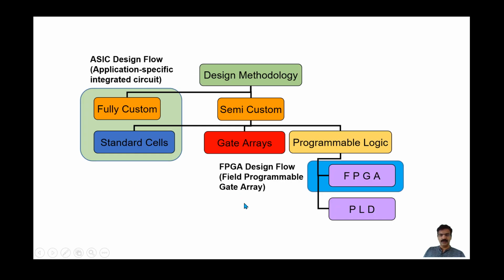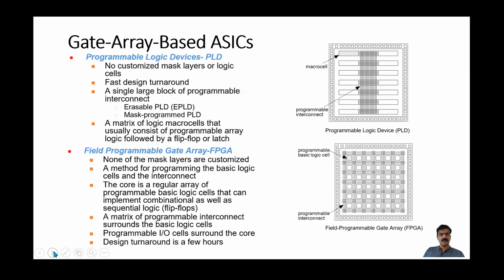So programmable logic here is the FPGA, field programmable gate array, in which you can program the entire gate array. I think this will be explained deeply in the architecture class. To be specific, in a field programmable gate array none of the mask layers are customized. There is a method for programming the basic logic cells and the interconnect.